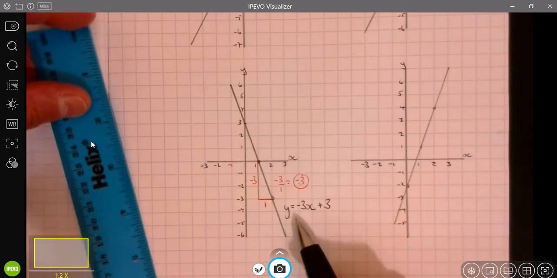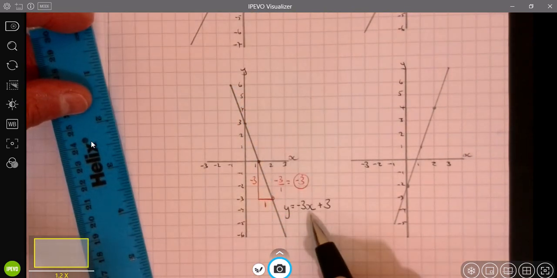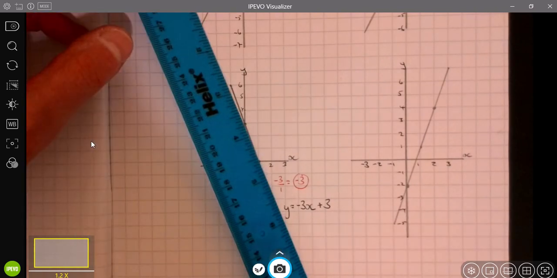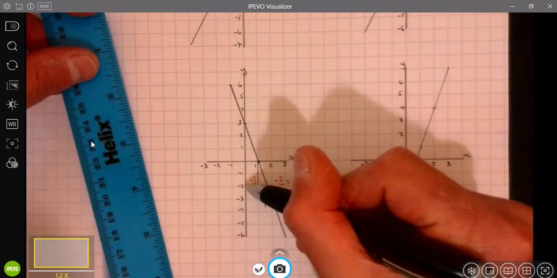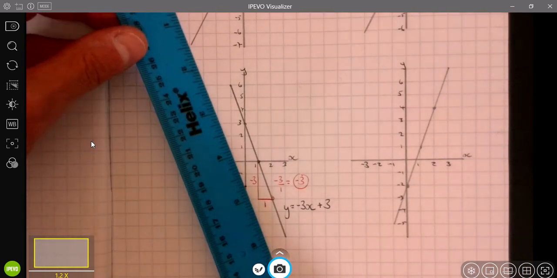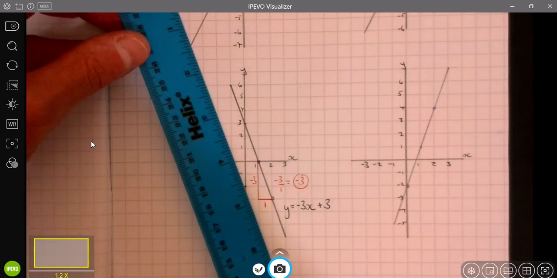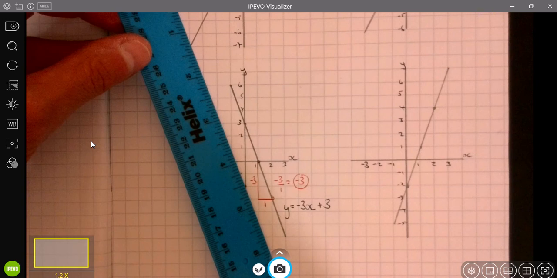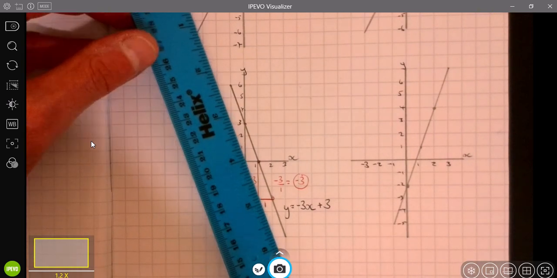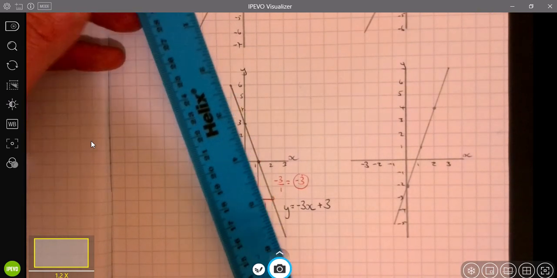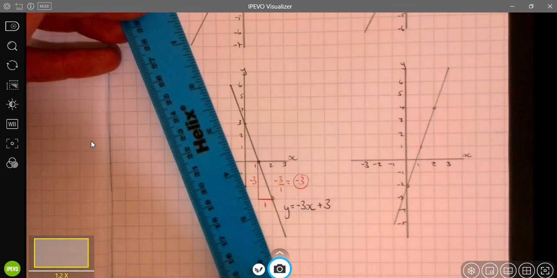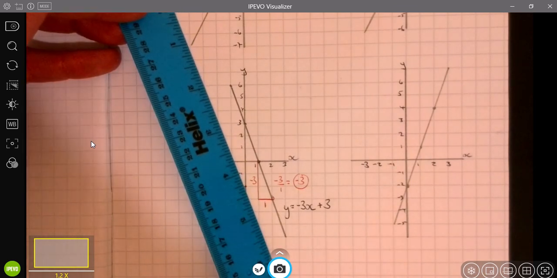If I had y equals minus 3x minus 2, for example, it would be parallel, but it would go through this point down here. I'm not going to draw it in, I'm just showing you roughly where it would go. There you go, it would go about there. So you can see it's going to be parallel. It's got the same gradient as this, but it would be going through this point.